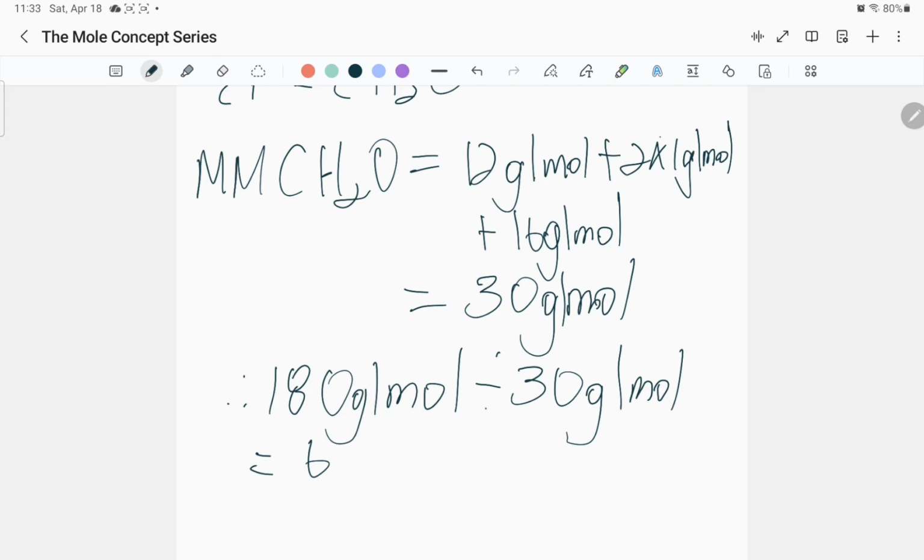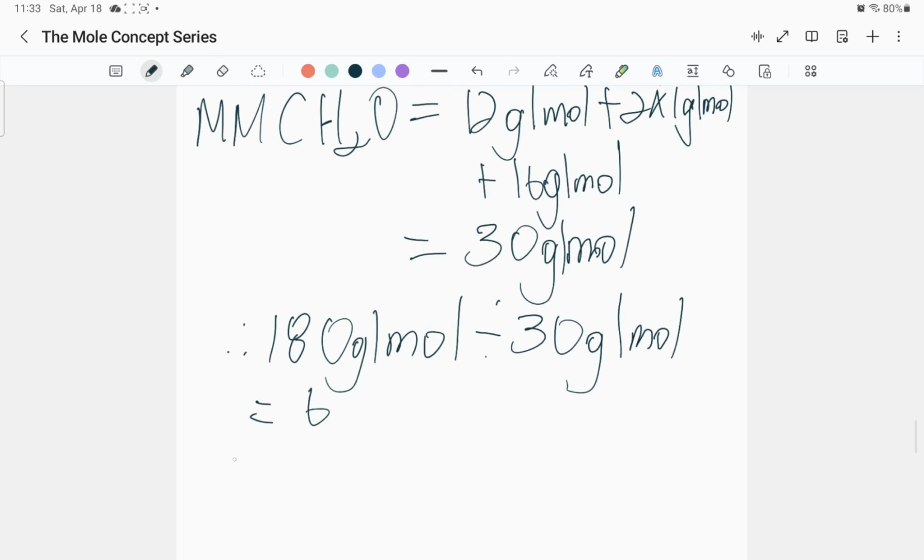And then we have 6, we find the multiple by which we're going to multiply the empirical formula. So 6 by 1, that will be C6. 6 by 2 is 12, and 6 by 1 is 6.